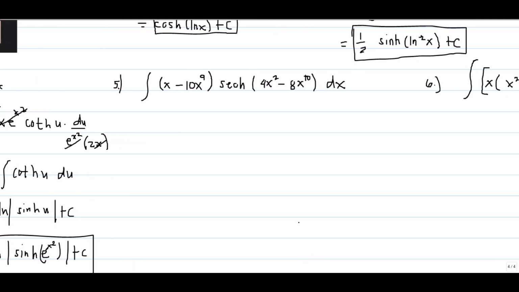So another one: what is the equivalent antiderivative of the integral of the quantity x minus 10 to the power 9, sech h, the quantity 4x squared minus 8x to the power 10 dx.